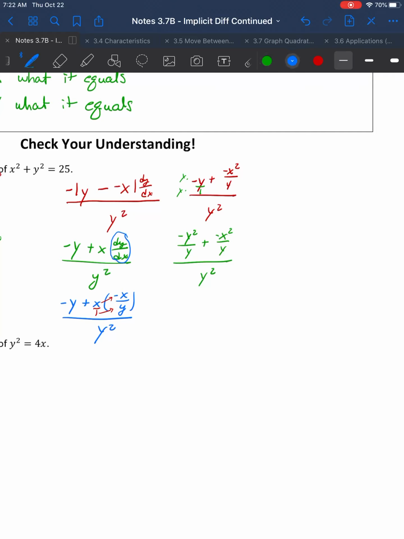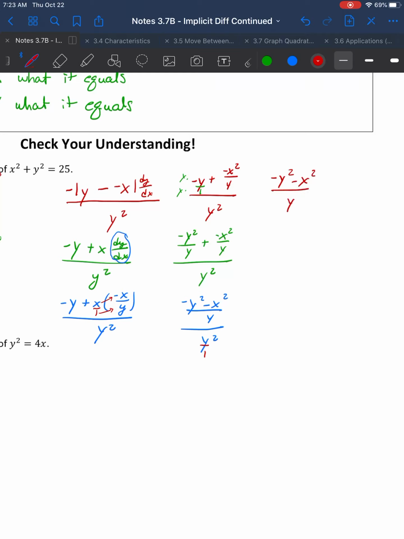Well, now I have to clean up this numerator. So I'm going to put this over 1. I have to get a common denominator, which means I'm going to multiply by y. Now I have negative y squared over y plus negative x squared over y squared. I bring my numerator together.